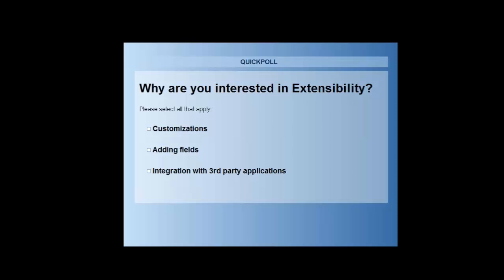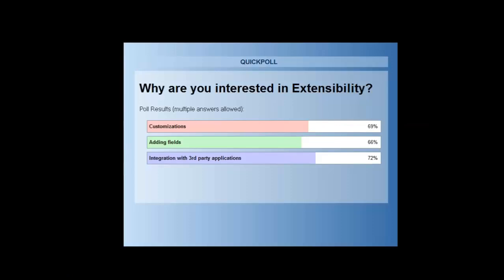I'll give you another 3 seconds. 2, 1. Show the results. This is what I expected. With such a new tool, with so many things that you can do with it, a lot of people are looking at doing a lot of different things. Third-party applications, integrating with them, did edge out everyone else, but lots of different possibilities people are looking at.